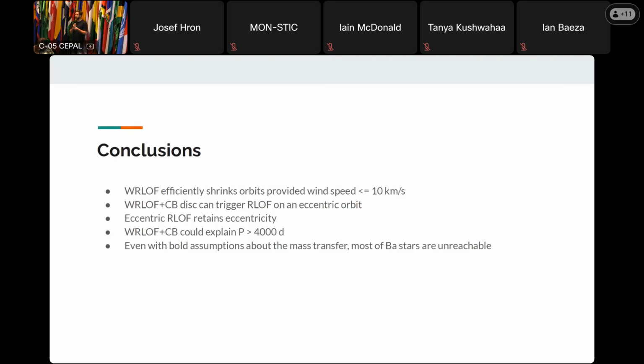The mechanisms that we proposed until now still cannot explain the relatively short periods of barium stars. So the usual conclusion is that we still need more simulations. We still need to better understand maybe how Roche lobe overflow actually works in the very weird atmospheres of AGB stars. So there's a lot of very interesting stuff still to be done. So thank you.